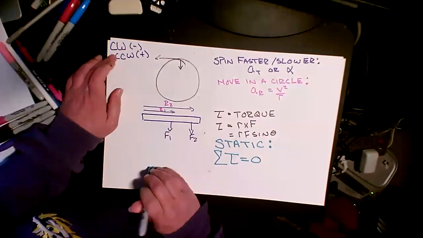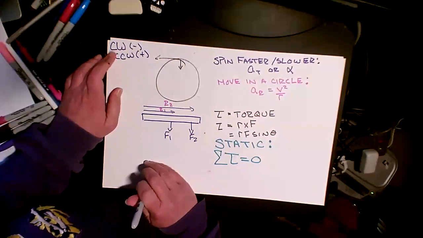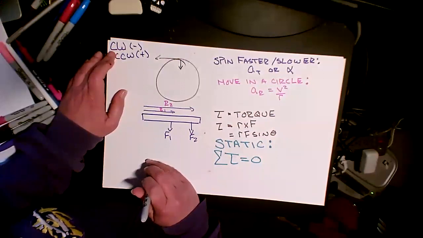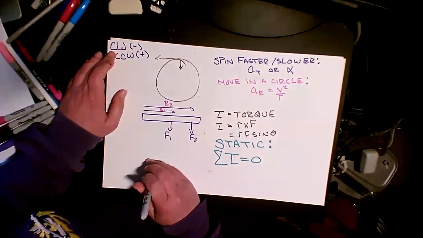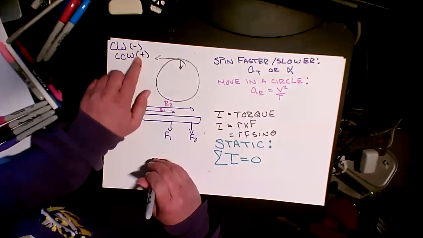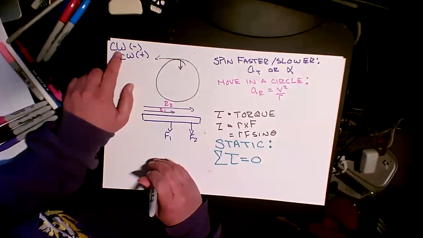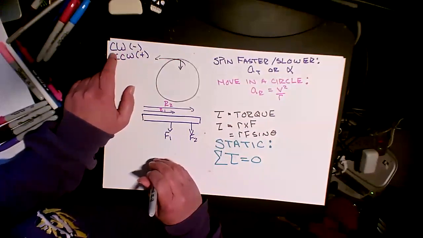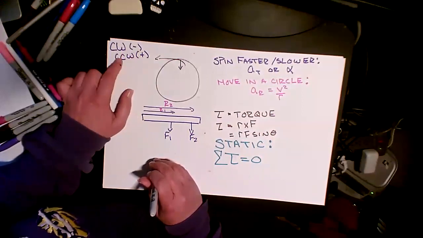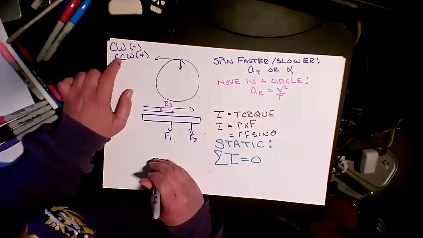I'm going to do that because that's what your book does. But it doesn't matter which one you assign the positive or negative to. Your numbers are going to come out the exact same way. The only difference is if you stick to this notation, you never have to define for us whether or not you're rotating clockwise or counterclockwise. If you're changing what you're defining as positive or negative, then you do. That's it. That's all you would need to do.